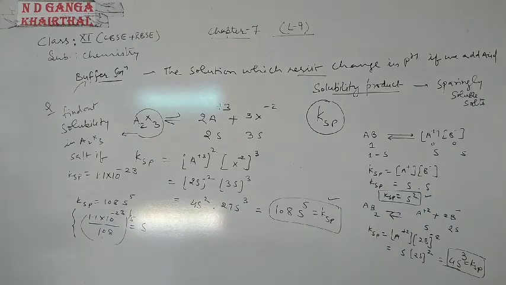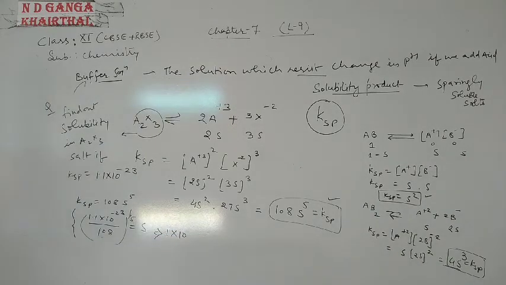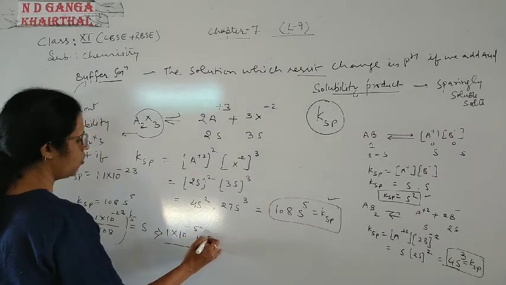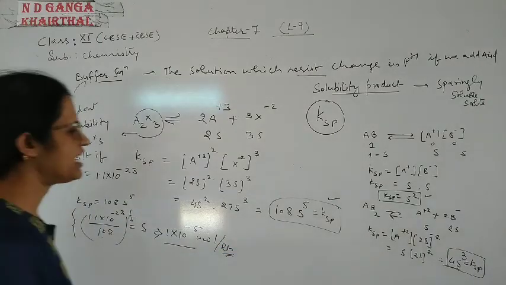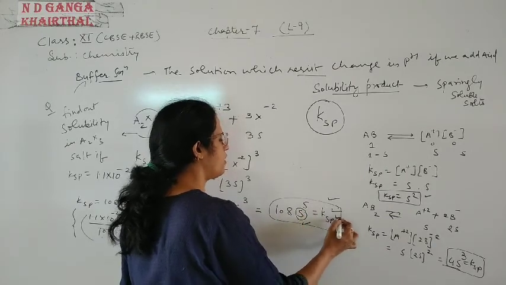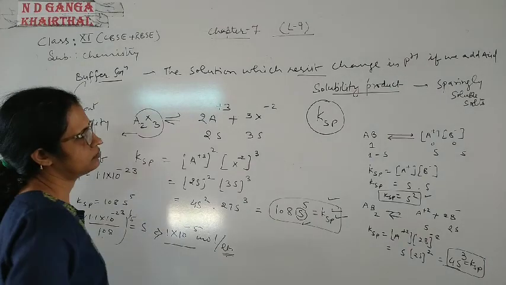So the solubility will be, we can say, 1 into 10 raised to power minus 5 mole per liter. So if Ksp is given, you can find out s, and if s is given, you can find out Ksp. So you try to solve these questions. Thank you.